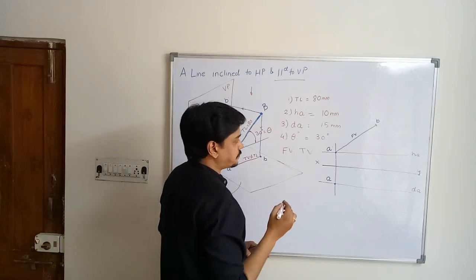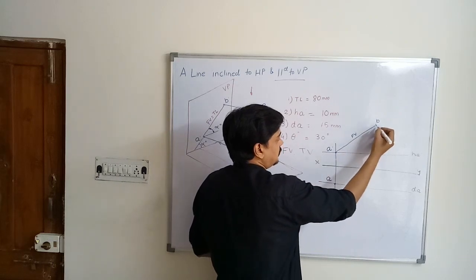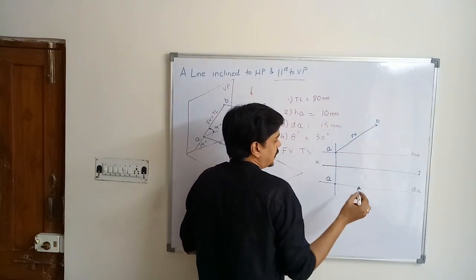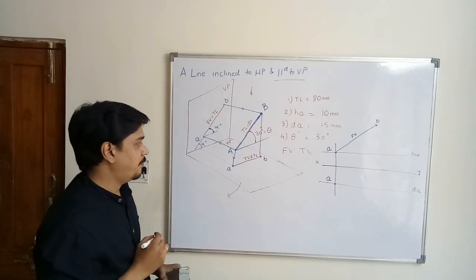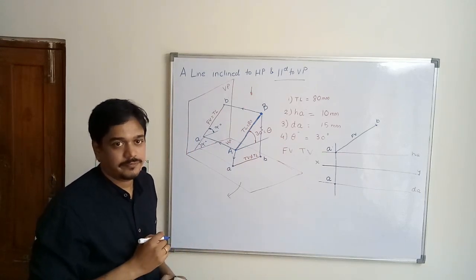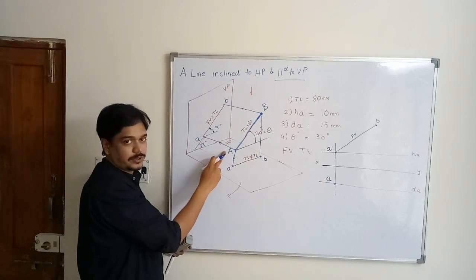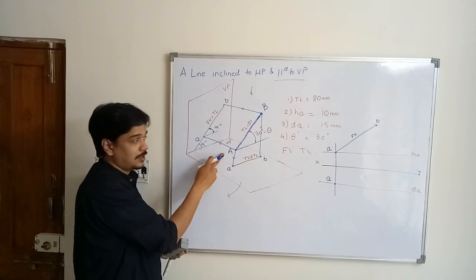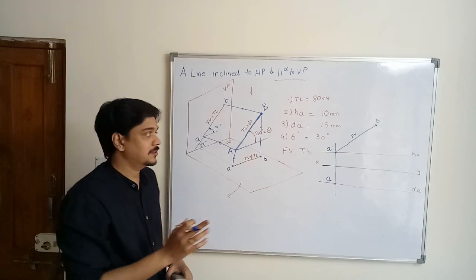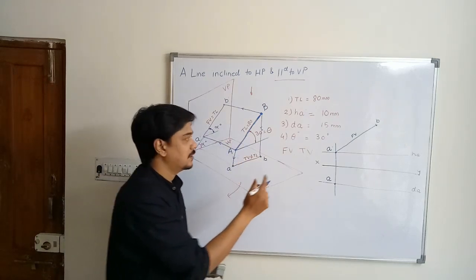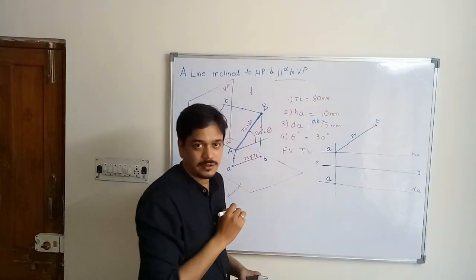Next, you have to mark the location of point B. Since the line is parallel to the vertical plane, the depth of A will be equal to the depth of B. This is the assumption, because it is parallel. So depth of A will be equal to depth of B, which is 15.